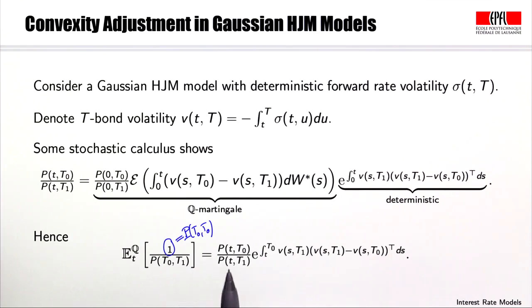Notice that this identity holds because V is a deterministic function. Using this identity, we can now calculate the convexity adjustment as shown on the next slide.